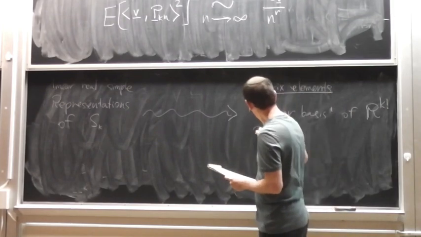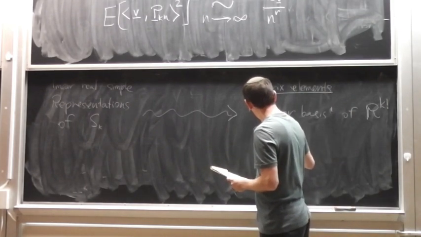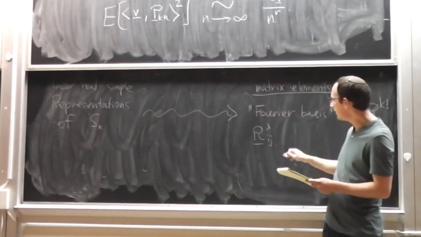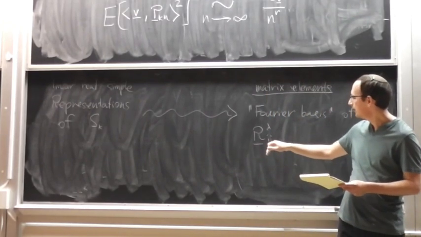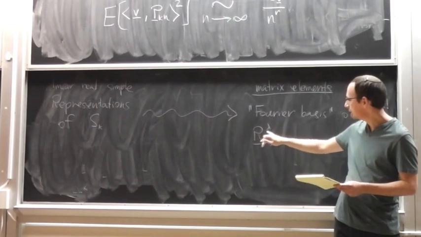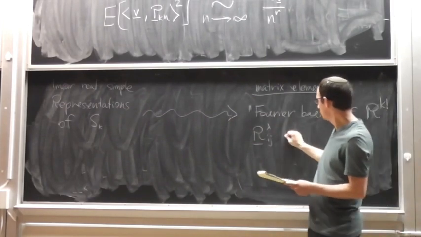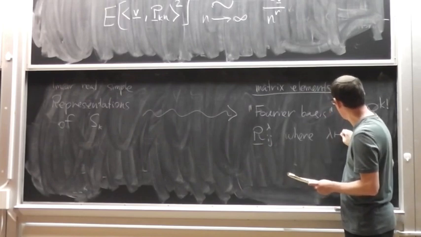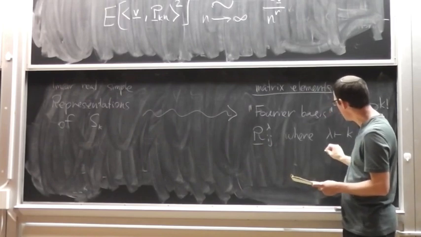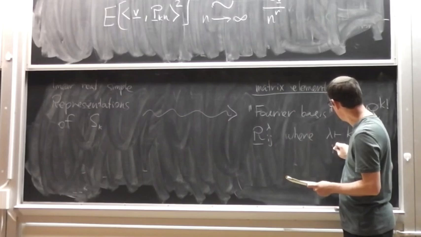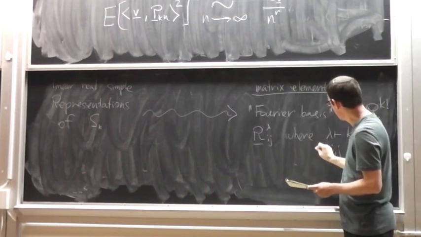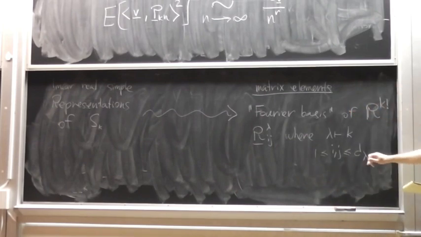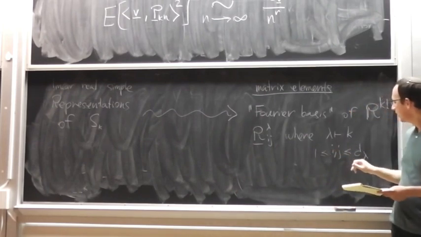These are vectors called R_ij^lambda. They are indexed by a partition and two numbers, where lambda is a partition of k, and i and j are between 1 and d_lambda, where d_lambda is some function of lambda.